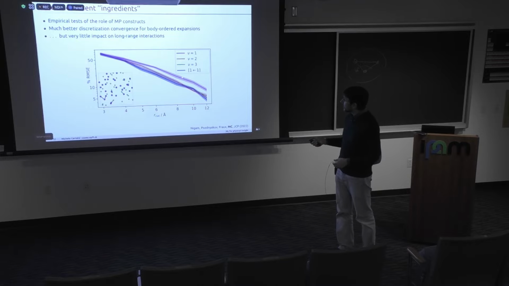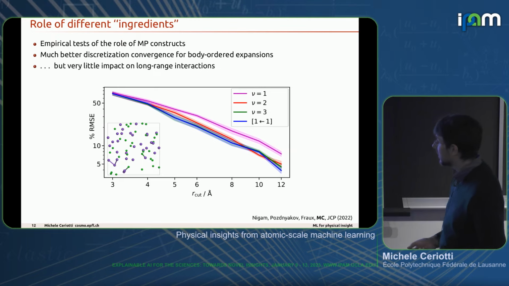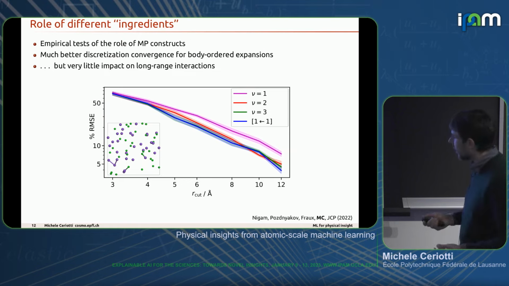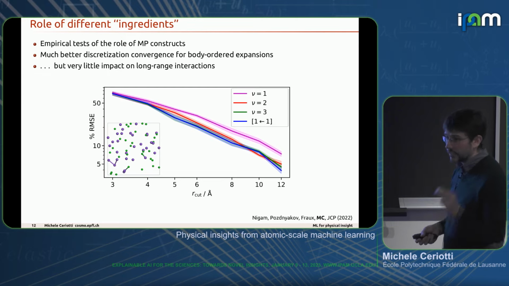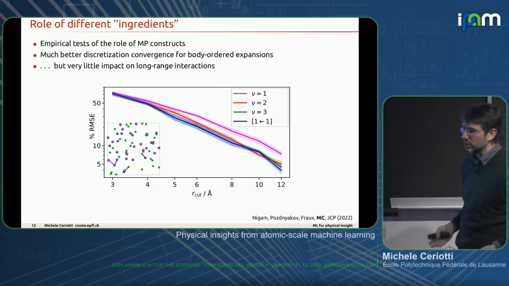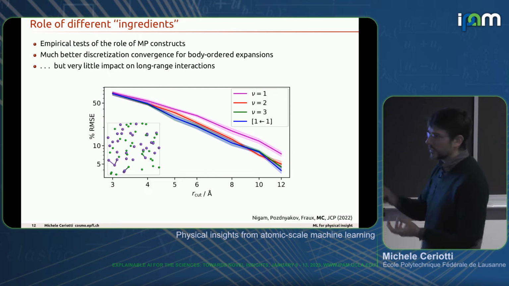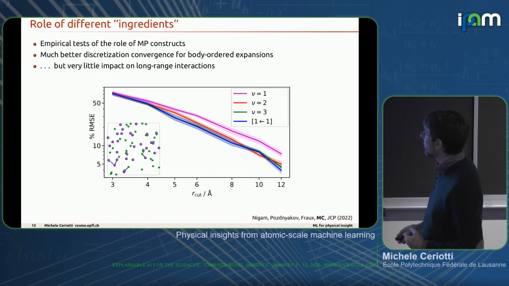But actually, going to higher body order or even using message passing doesn't improve the accuracy of the model almost at all. And I think that this is an interesting observation that, again, we can pinpoint very precisely on the message passing side, because we are not changing the discretization, we are not changing the regression method. It's really just building in something that has the structure of a message passing step.